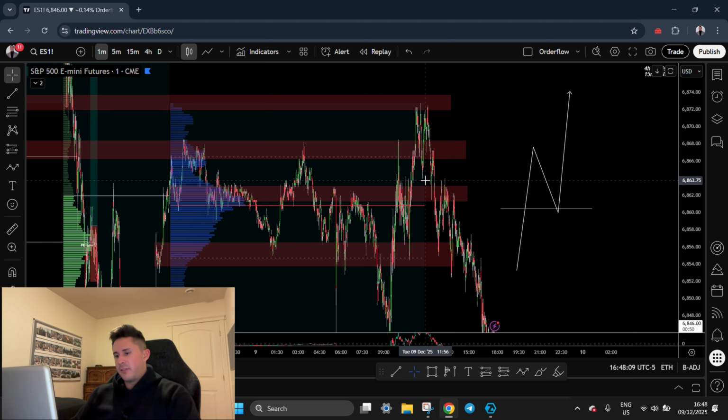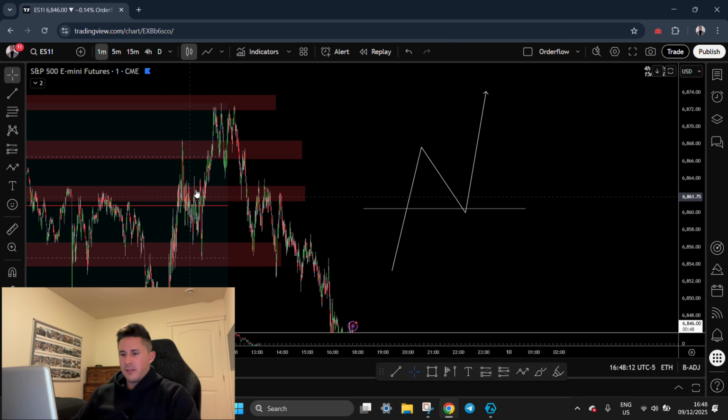And that happens sometimes. As you can see here, it broke and it retested again to come back. And here, it broke and then it retested. Here, that level got broken through and then retested. So that is your second option.